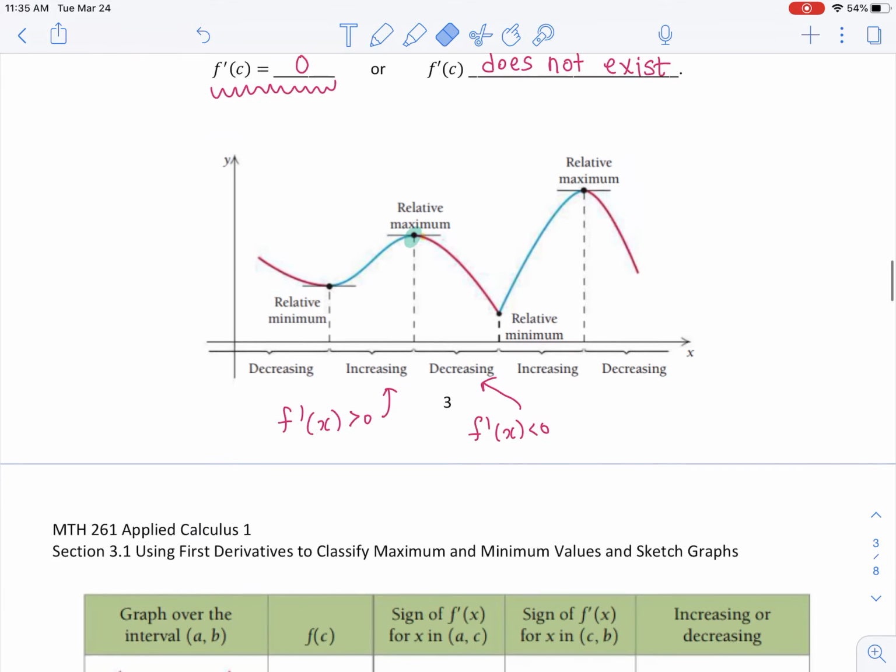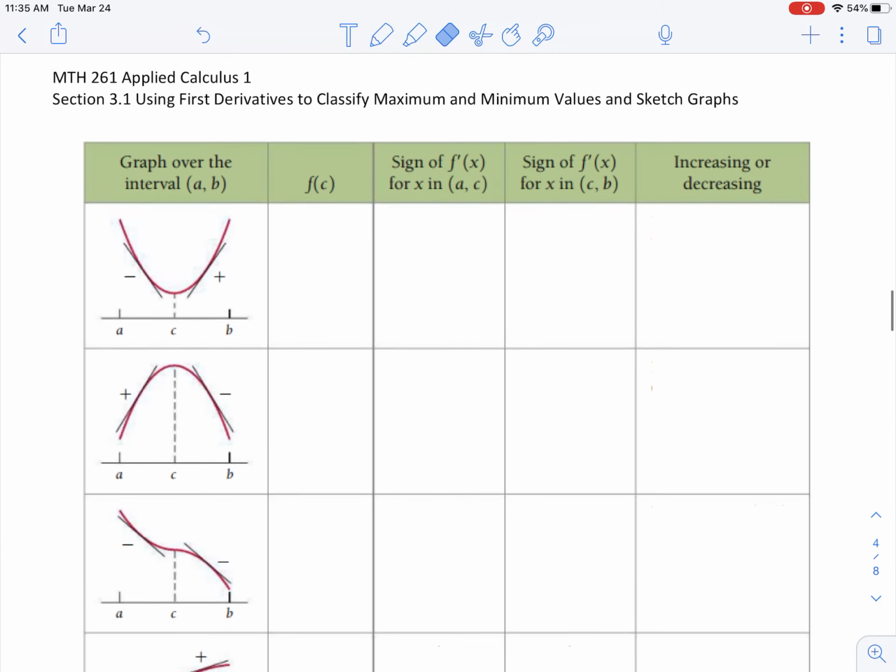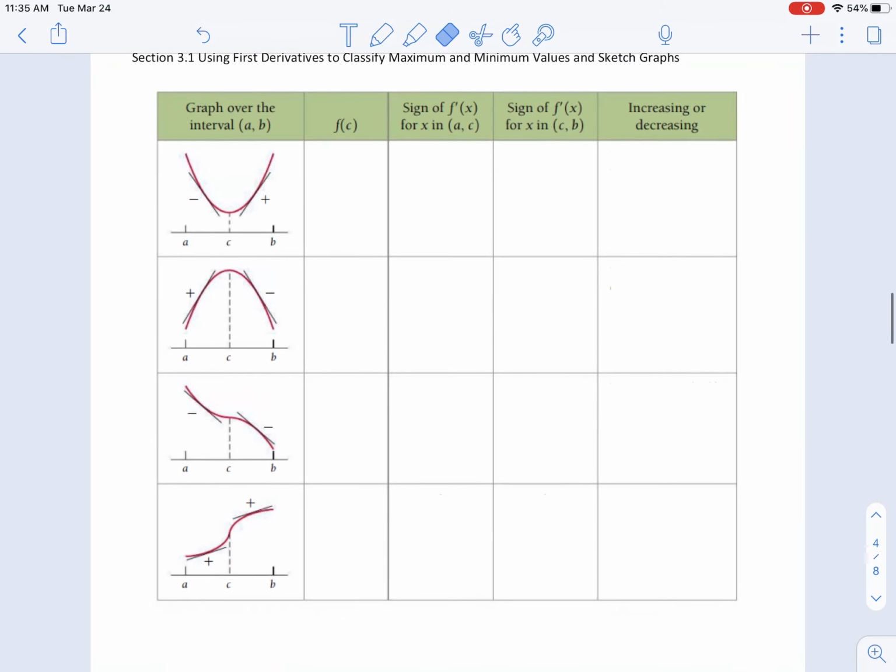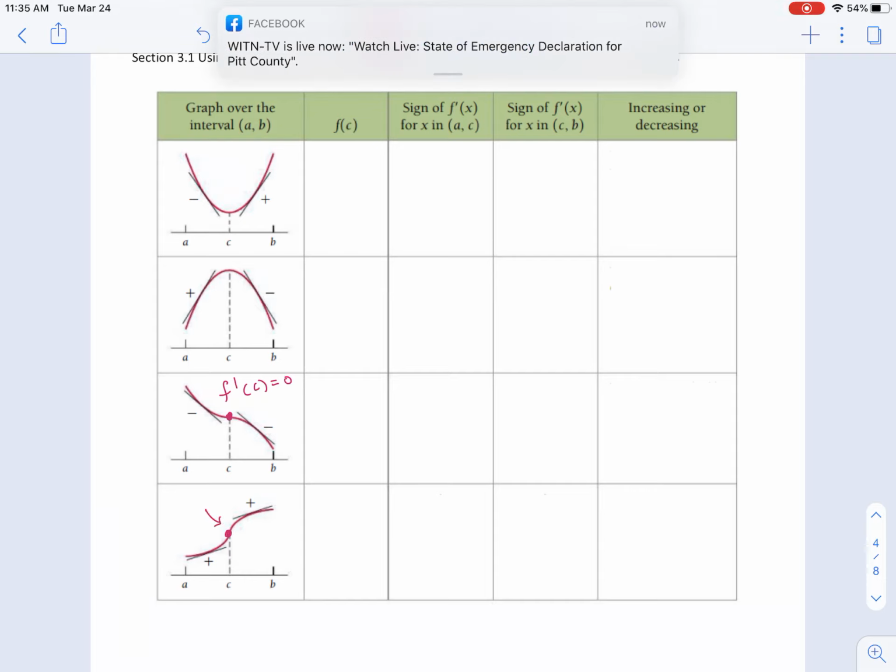Okay? Alrighty. That was theorem 2, and now we have this big table just kind of talking about how it may be a critical value, because if you take a look right here, the derivative at c, assuming this is f, yep, will be 0. The slope of the tangent line at that point will be 0. Well, this one right here, the derivative at c does not exist.